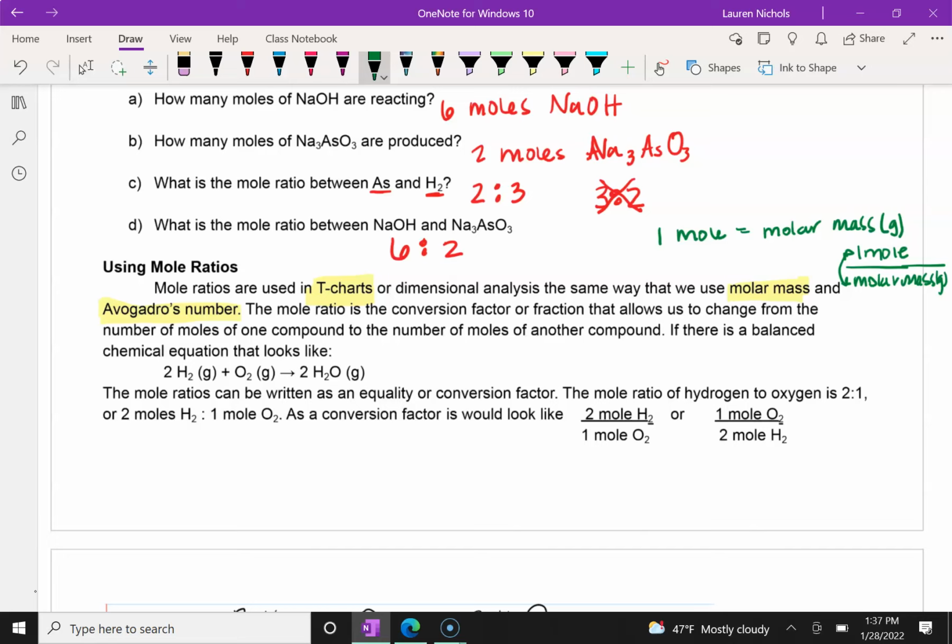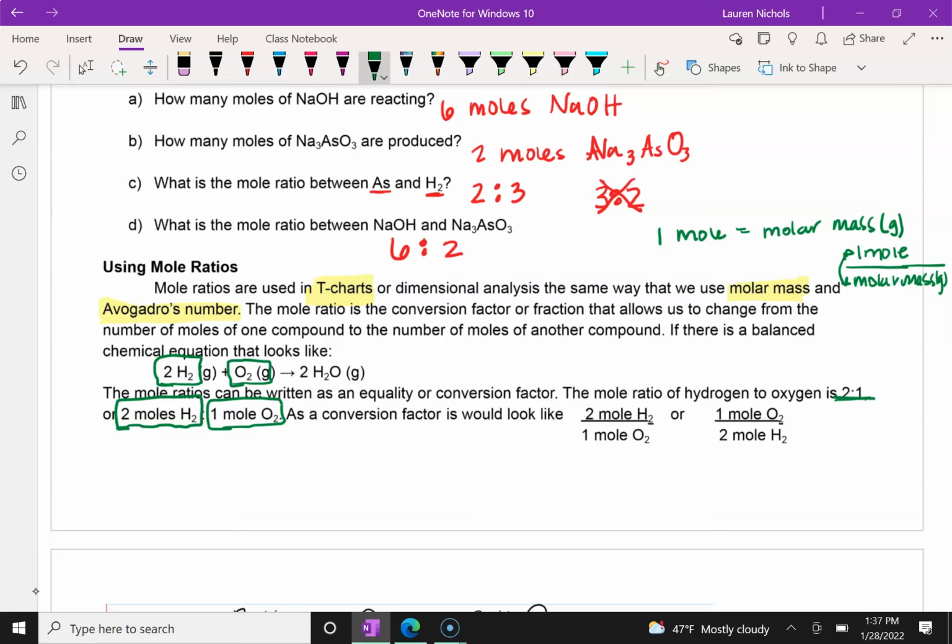Well, we can do the same thing with mole ratio. So if the mole ratio of hydrogen to oxygen is 2 to 1, that's saying that you have 2 moles of hydrogen, because there's 2 moles of hydrogen in the equation, for every 1 mole of oxygen, since there's 1 mole of oxygen in the equation.